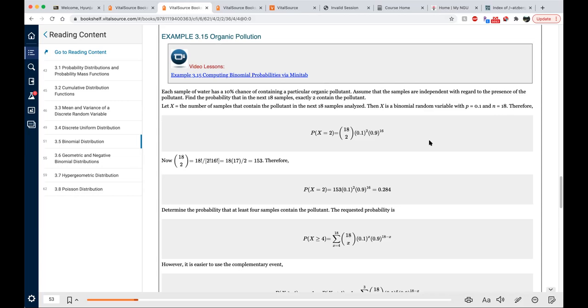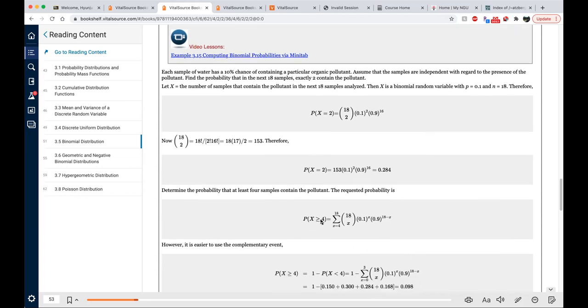Now, when you find the probability x is greater than or equal to 4, that means we determine the probability of at least 4 samples. You see, at least 4 samples. It means that x can be 4, 5, 6, 7, 8, up to 18. So we have to calculate the probability that x equals 4, plus x equals 5, plus x equals 6, plus 7, plus 8, and so on.